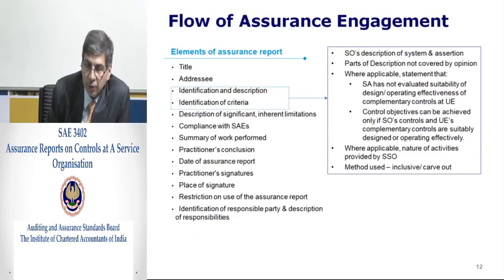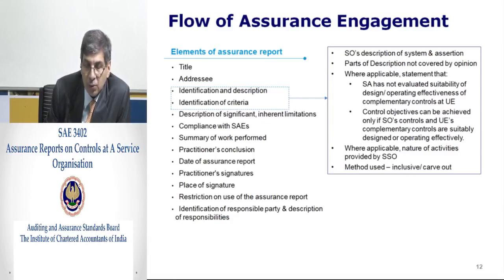A full description of the system, the assertions, and parts of the description which are not covered by the opinion. Where applicable, a statement that the SAE has not evaluated the suitability of design and operating effectiveness of complementary controls of the user entity. Control objectives can be achieved only if the SO's controls and user entities' complementary controls are suitably designed and operating effectively. So, very categorical statements around some of these.